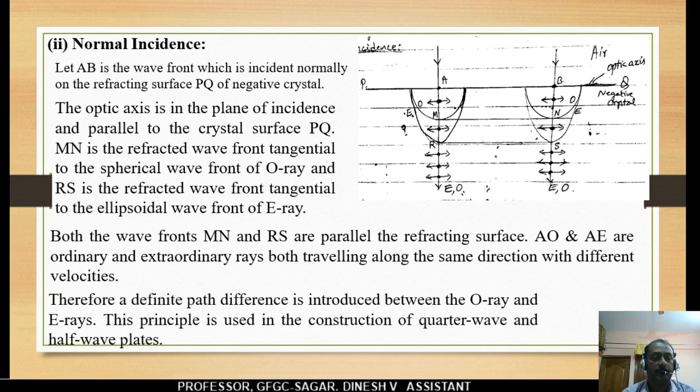Therefore, a definite path difference is introduced between the ordinary ray and extraordinary ray. This principle is used in the construction of quarter wave and half wave plates. That's all. Thank you.